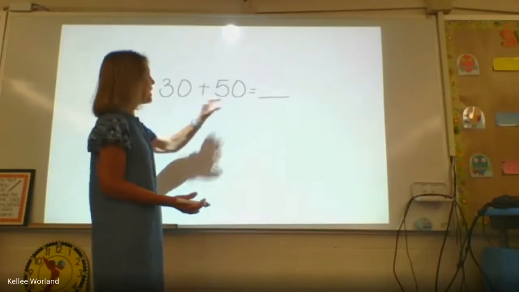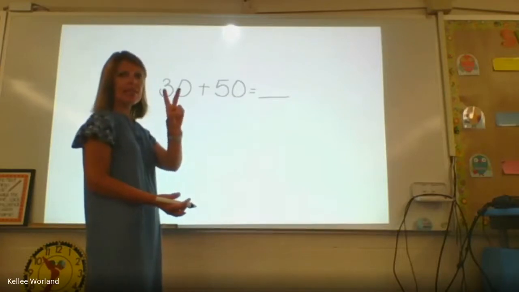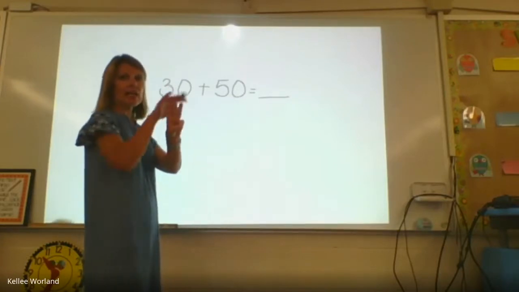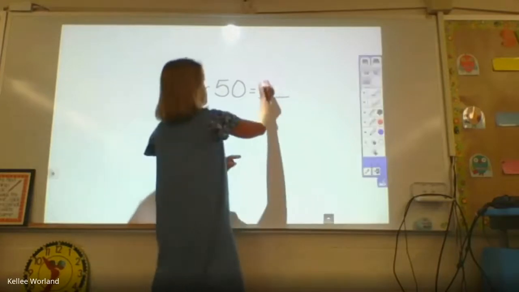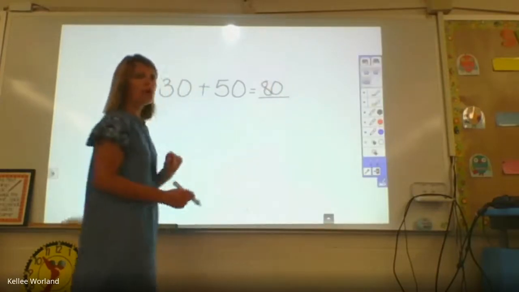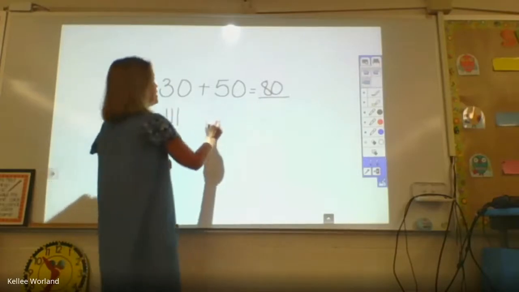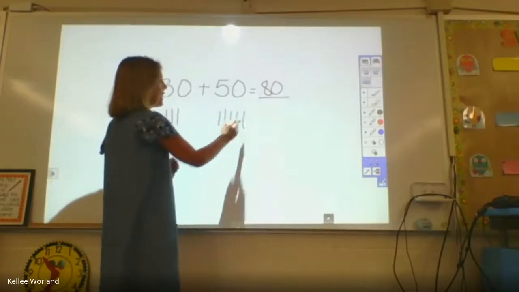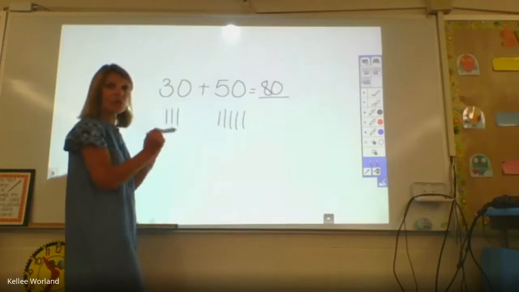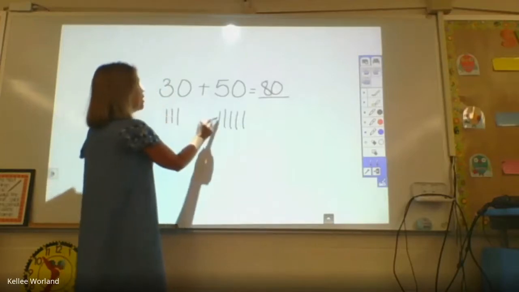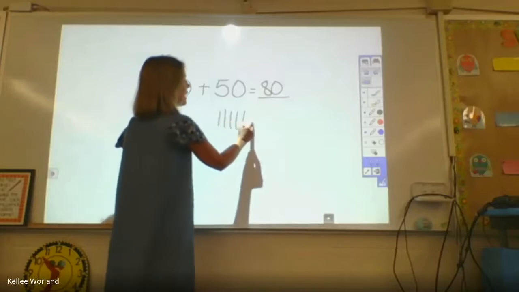So I'm going to say 50, 60, 70, 80. I counted up 3 more groups of 10. Or you could have gone 10, 20, 30. There's your 3 10 sticks. 10, 20, 30, 40, 50. Then count the groups of 10. 10, 20, 30, 40, 50, 60, 70, 80.